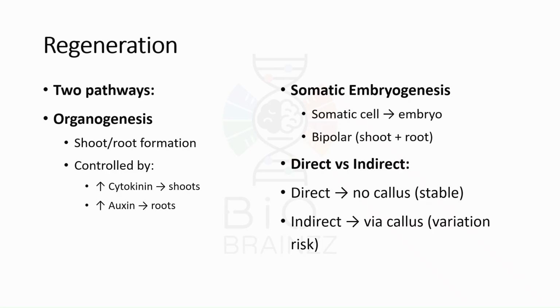In somatic embryogenesis, a somatic cell directly forms an embryo-like structure which can develop into a plant. Also, regeneration can be direct or indirect. Direct is without callus and is more stable, while indirect involves callus and may cause variation, which is important for exam.